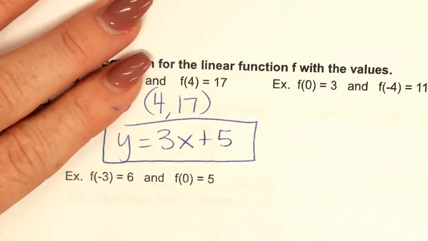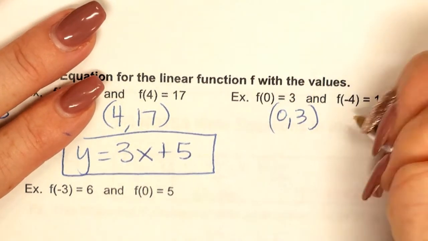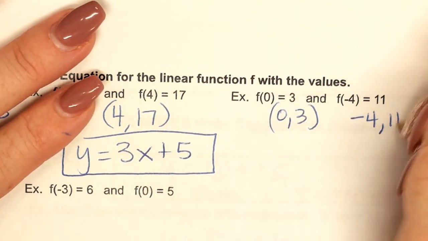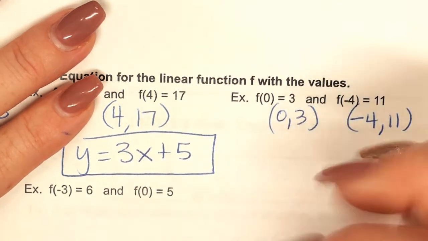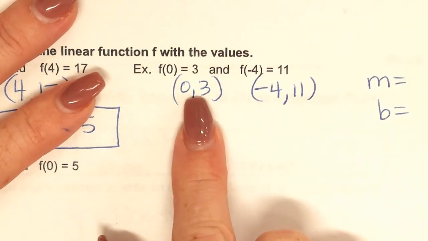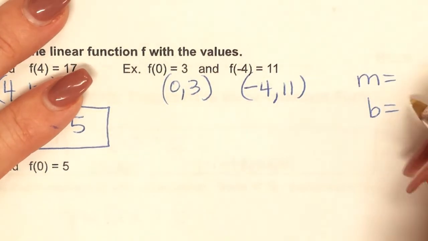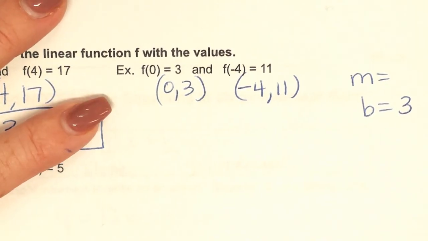All right, let's do this one. Write your coordinates. 0, 3, and what? Good. We need an m and a... Did they give us the y-intercept? I love when they give me the y-intercept because I don't have to go solve for it. The y-intercept is 3. All right, y'all think we can do this mental math or do we need to do it in our calculator?